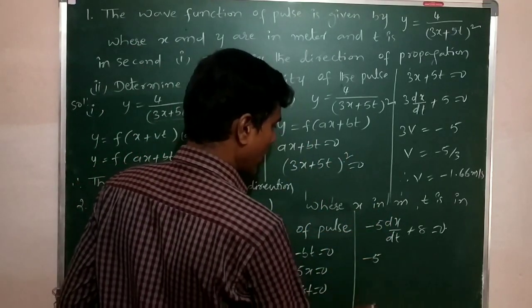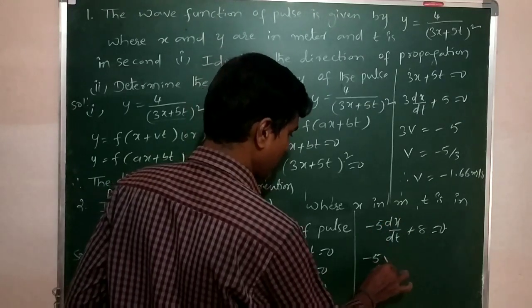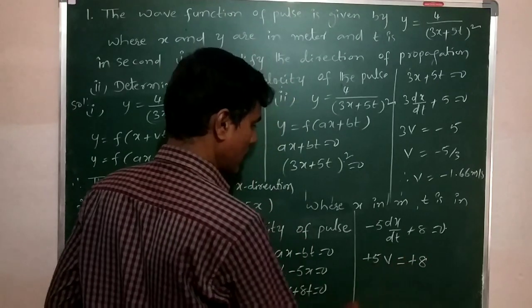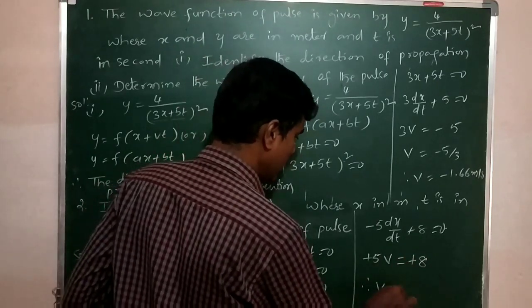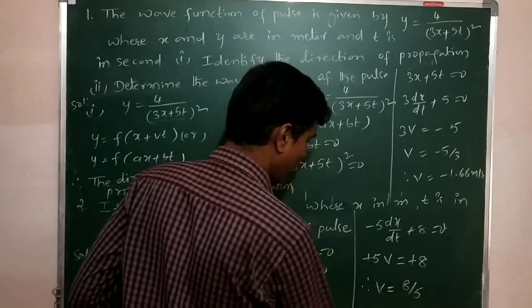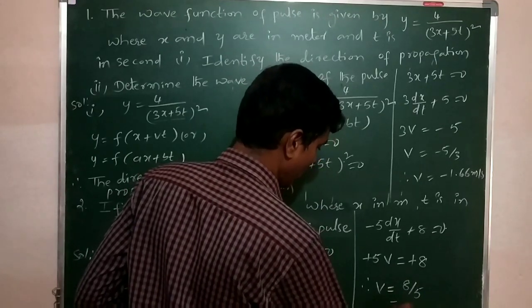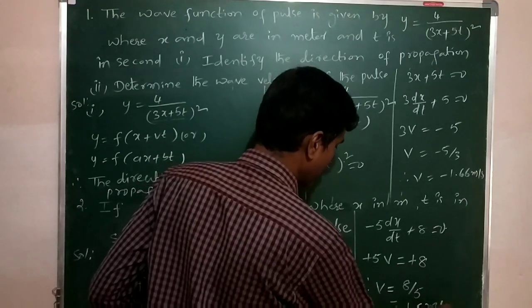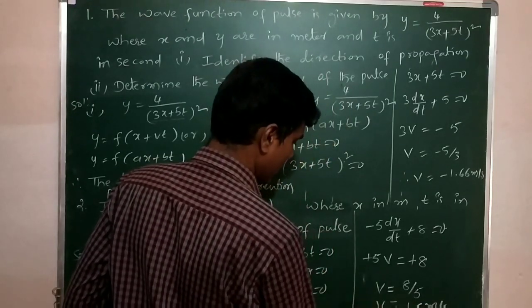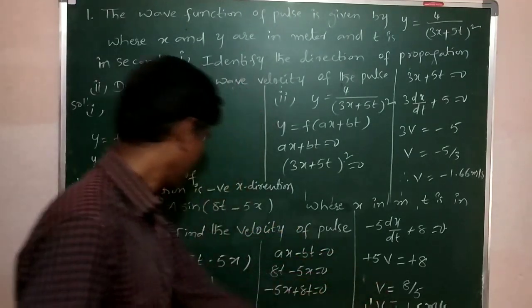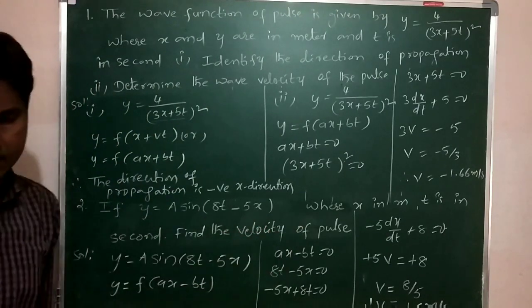Now minus 5 dx by dt is v, so v equals minus 8 by minus 5, the minus signs cancel, v equals 8 by 5, which is 1.6 meter per second. Therefore v equals 1.6 meter per second. This is the velocity of the pulse.